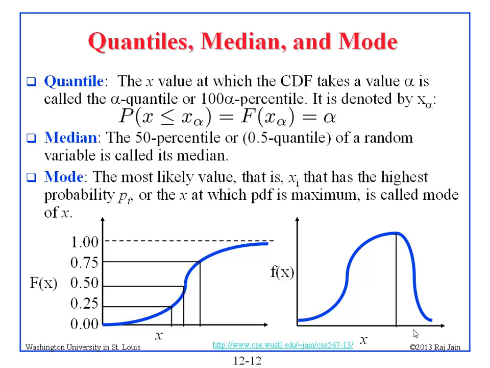Quarter, 1/4. So if you are in the first quartile, you are in the bottom 25%. If you are in the top quartile, you are in the top 25%, right? So these are quartiles, and the median is the medium, the 50 percentile.